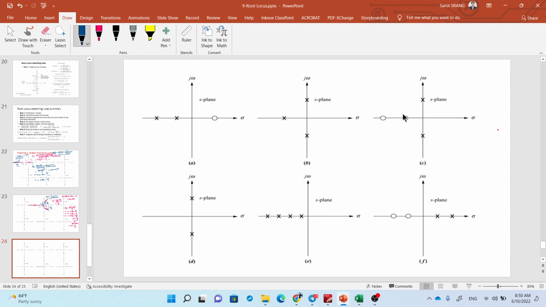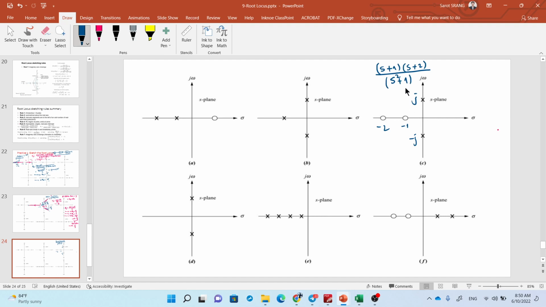We have, let's say, s minus 1, s minus 2, s plus 1, s plus 2 for the numerator, and for the denominator let's say this one is j and this one is minus j. So here is s squared plus 1, right? So we have the same degree of numerator and denominator, the same order.